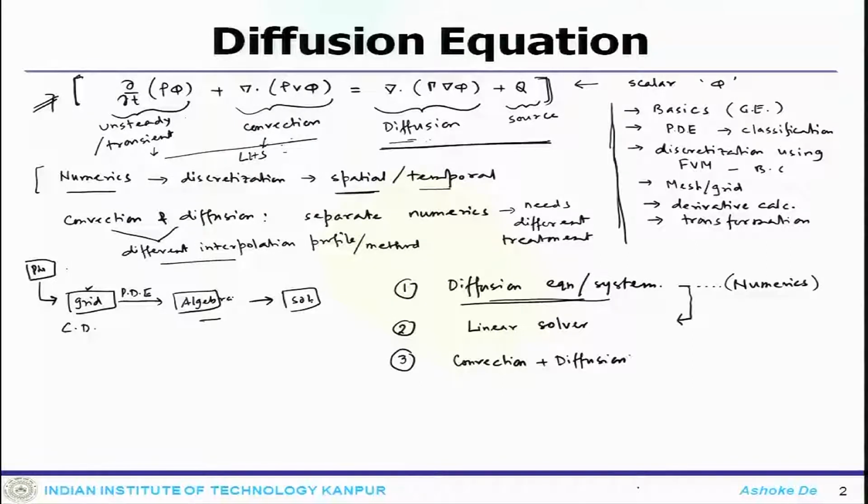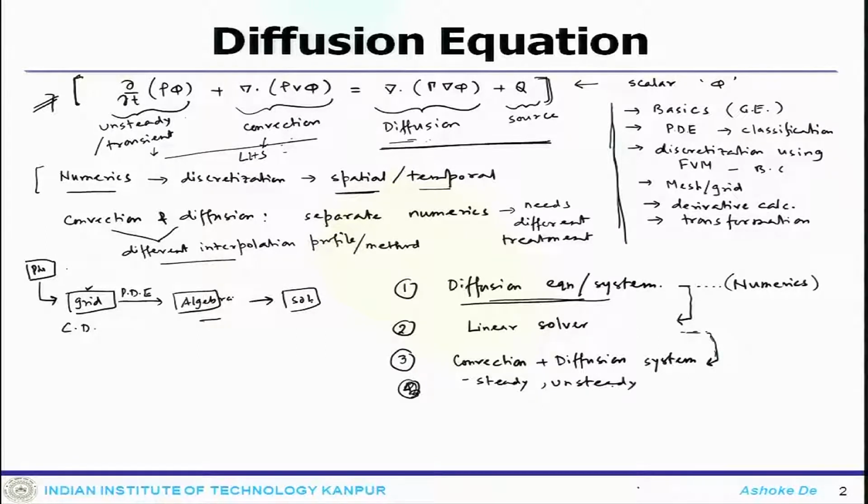So, that is how we move to increasing order of complexity. When we talk about that, you will talk about both steady and unsteady, everything. So, we will do that.